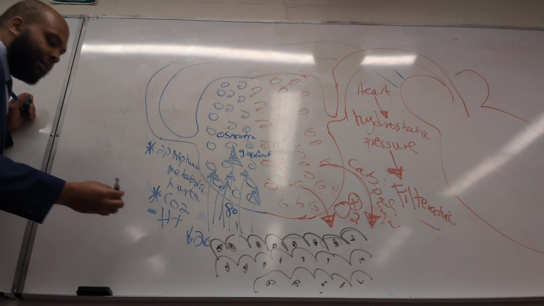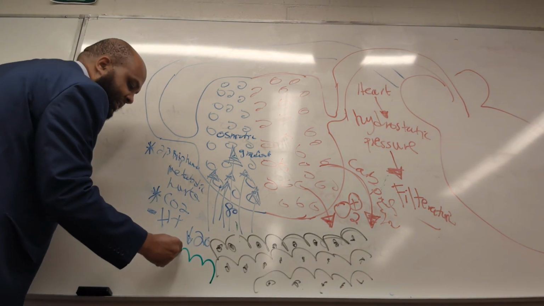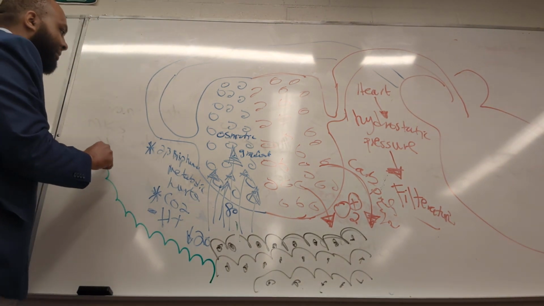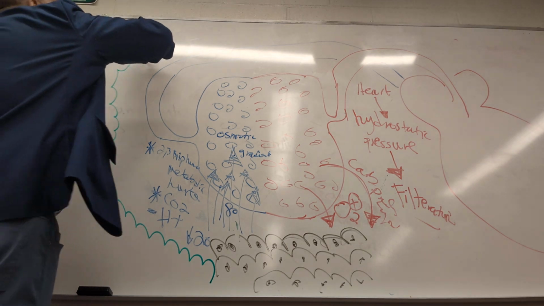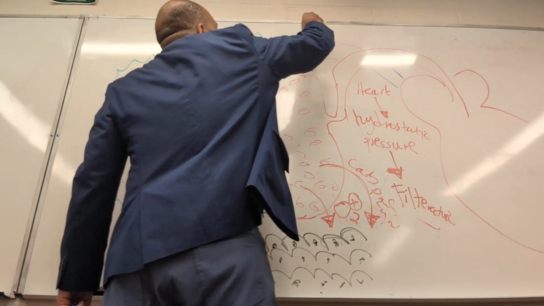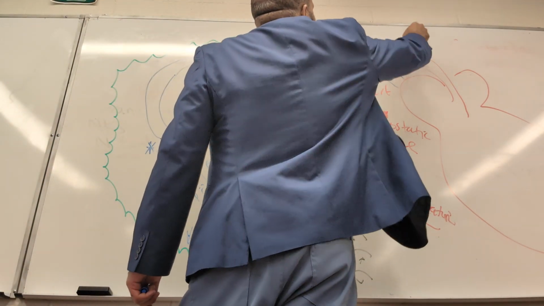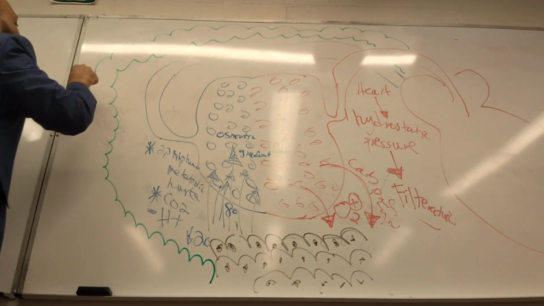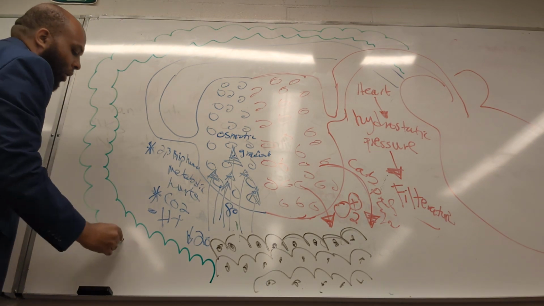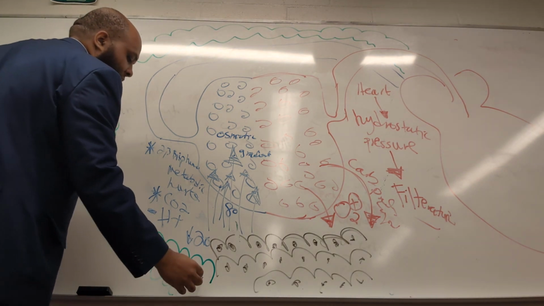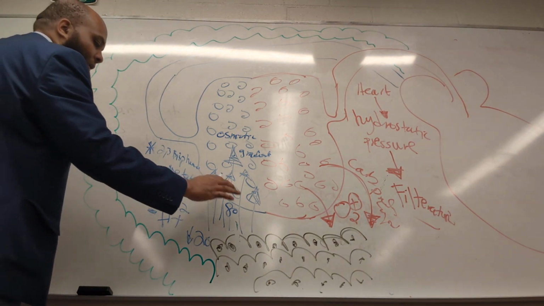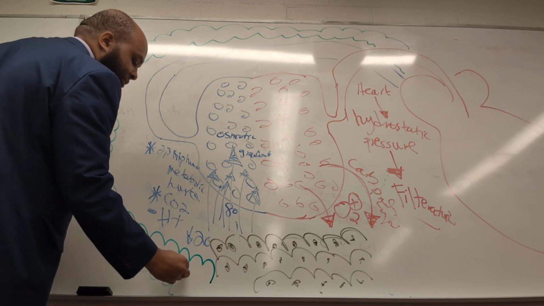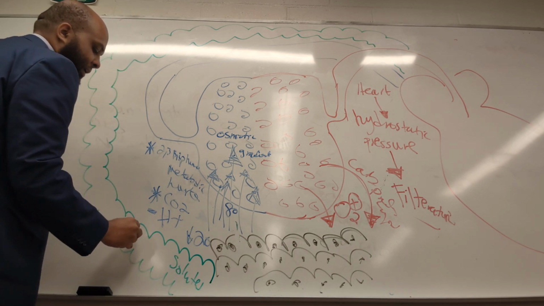That's why you have your green lymphatic system, and it is going to go adjacent with your veins, and bring all the leftover carbon dioxide that could not flow back, all the leftover metabolic waste, the solutes left behind.